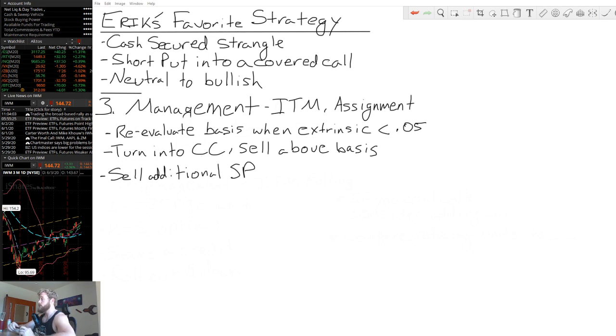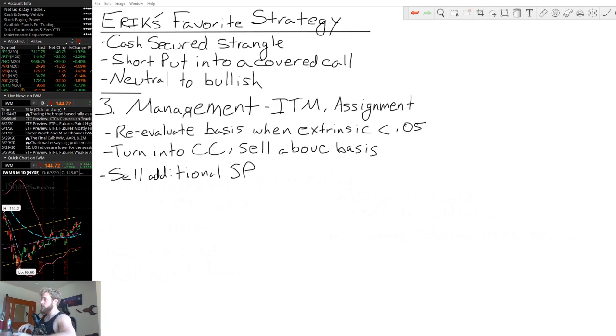And then at the same time, I will always outlay an additional put below my strike. So if I'm at a short strike of 10, I might sell an 8 put or a 6 put or a 5 or 7, whatever, something below my basis.